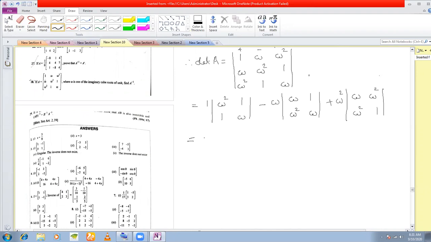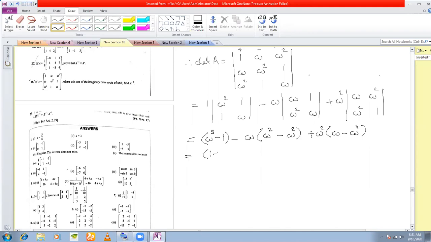So here you have omega cube minus 1. If you expand this determinant, you have omega into omega square minus omega square, plus omega square into omega minus omega to the power of 4, isn't it? So omega cube minus 1.